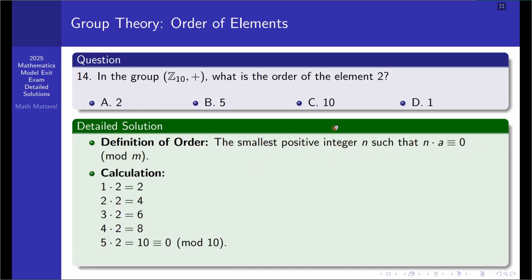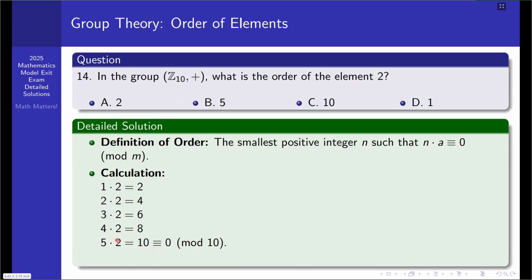Therefore, if we calculate the multiples of the element 2: the first case, 1 times 2 is 2. 2 times 2 is 4. 3 times 2 is 6. And lastly, 5 times 2 is equal to 10, which is congruent to 0 modulo 10.